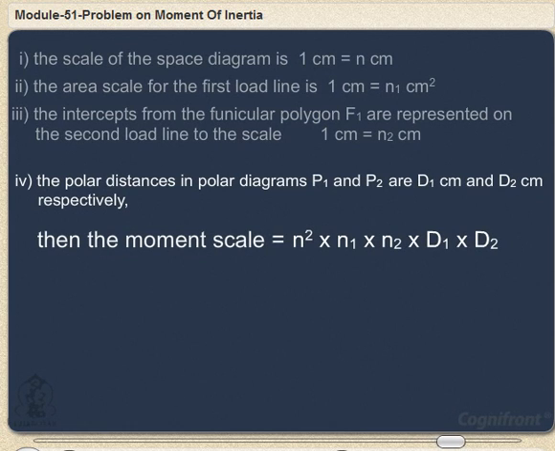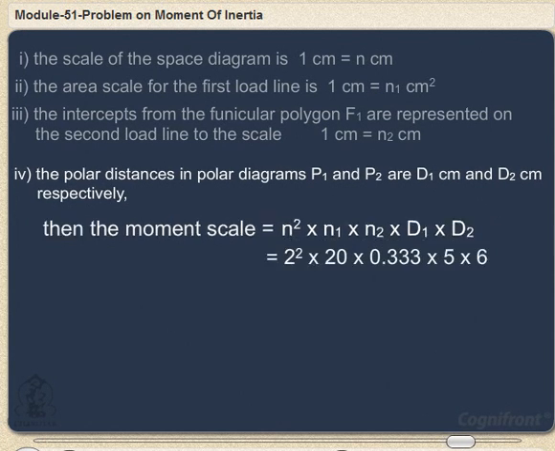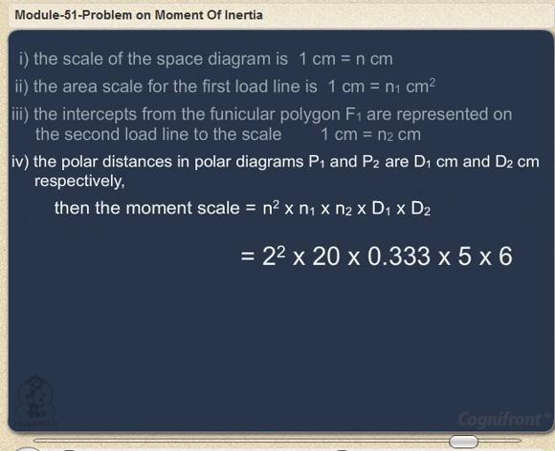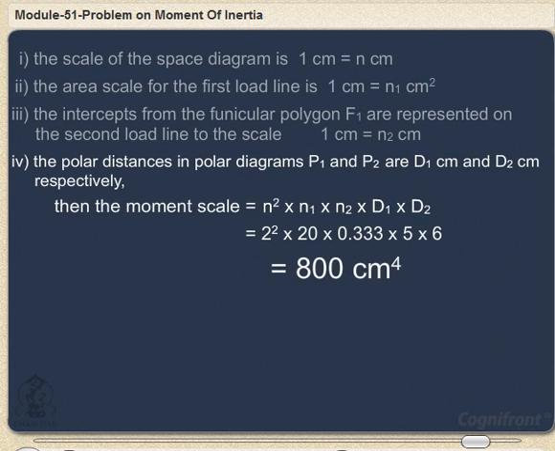which equals 2 square into 20 into 0.333 into 5 into 6, which is equal to 800 centimeters raised to 4.